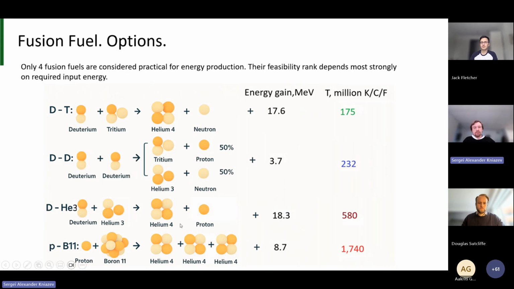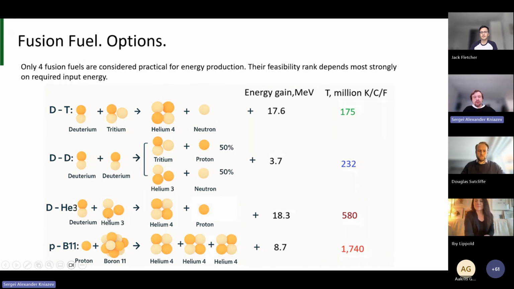So therefore, it's not completely aneutronic, and neutrons will be produced from the side reaction of deuterium-deuterium. And one of the biggest challenges of this reaction is that helium-3 does not exist on Earth. It should be produced from other nuclear reactions. So it's a big question where this fuel will come from for a commercial power plant.